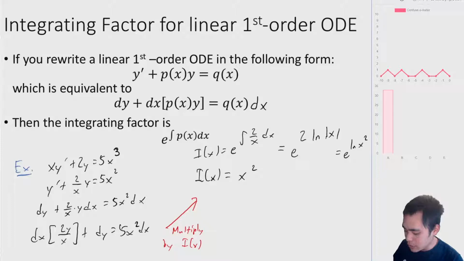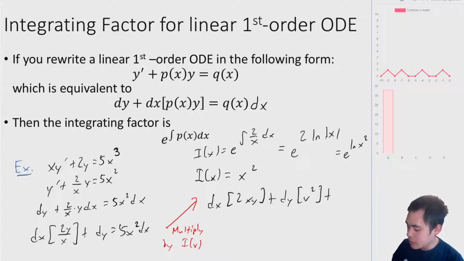And then we're going to end up with dx times 2xy plus dy times x squared is equal to 5x to the 4th dx. Okay, and it turns out, I'm not going to test it here, but you guys know how to do this now, this thing here is exact.